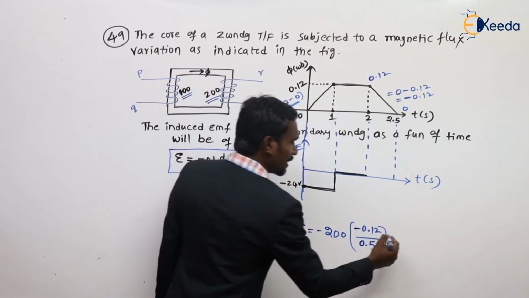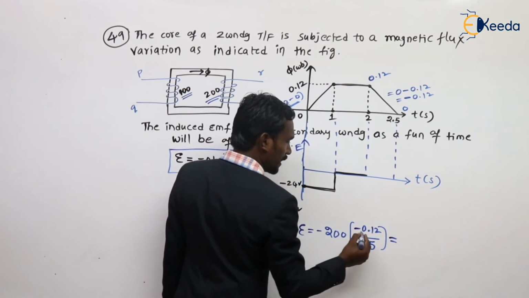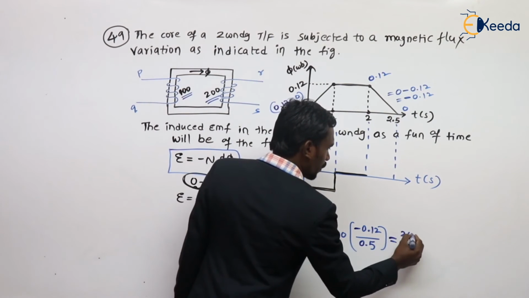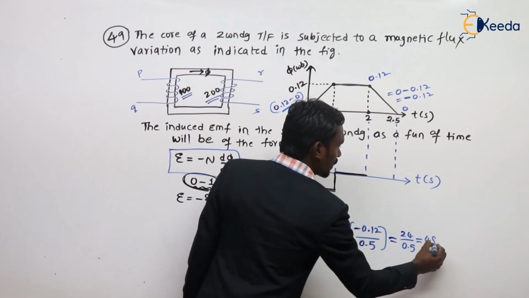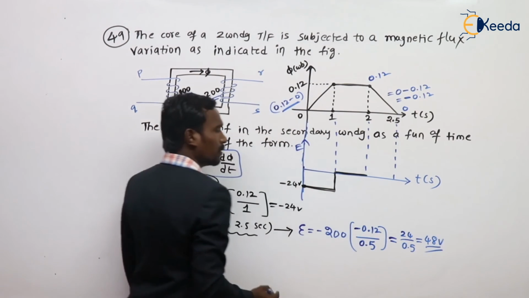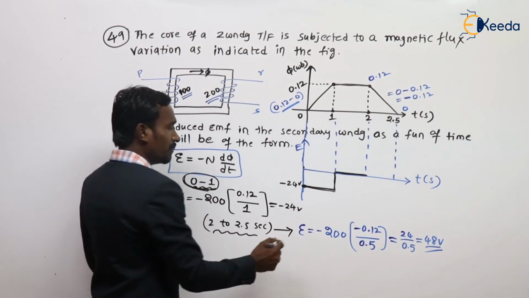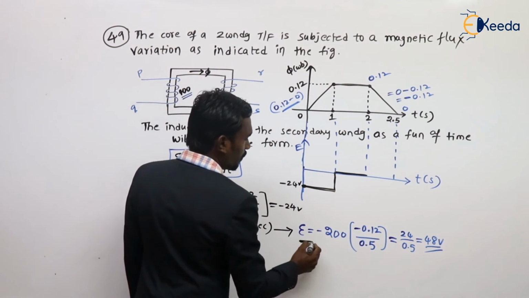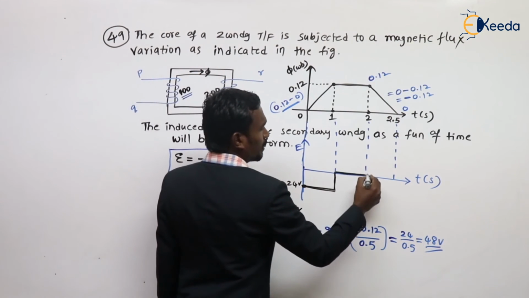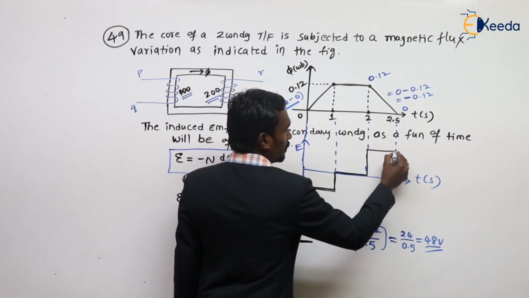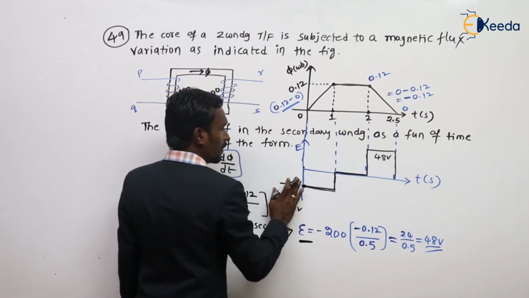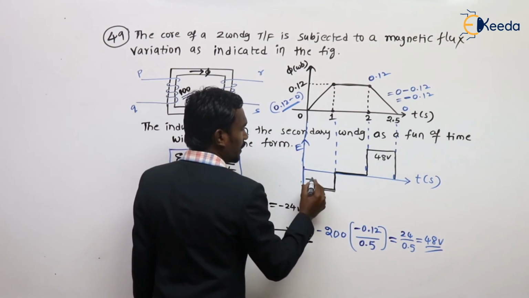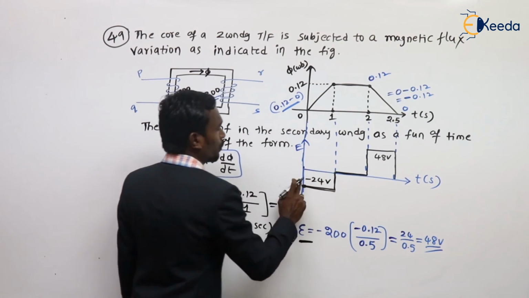So if you calculate this, minus into minus is plus, and this is 24 by 0.5, which is nothing but 48 volts. So the EMF induced in between these intervals is 48 volts, and here it is minus 24 volts.